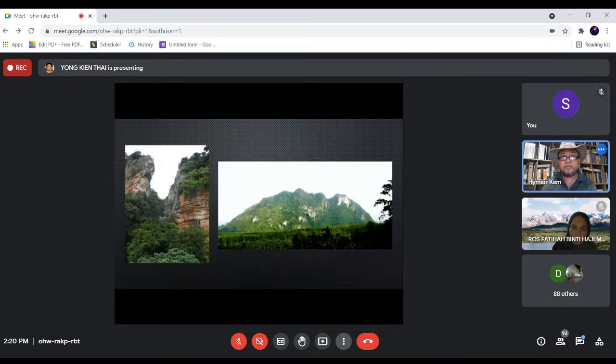Next one, please. So this is the reason why limestone is important for plants and animals: they have very dry surface areas. They are very craggy. They've got a lot of different microhabitats within them. So in such a small area, one hill, it's got many different types of microhabitats.